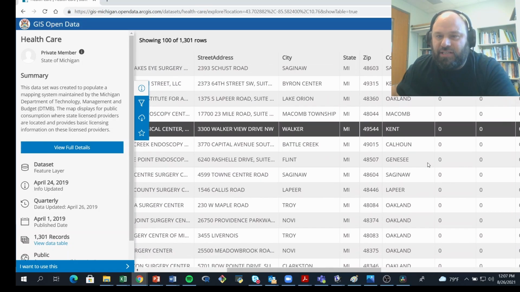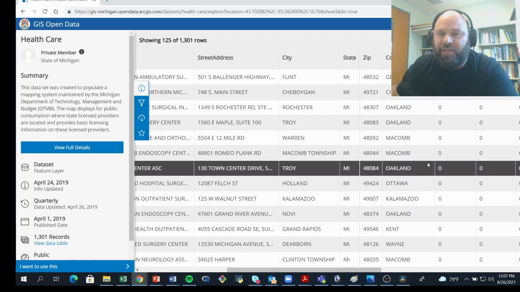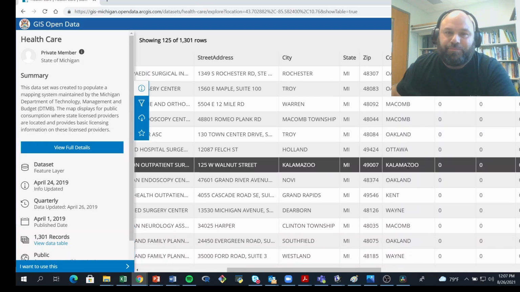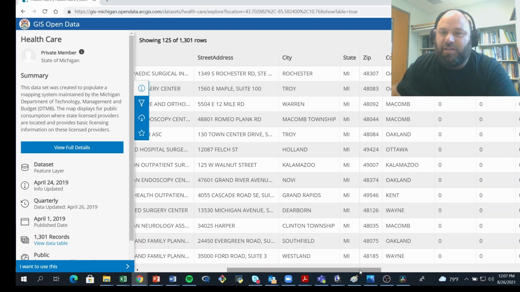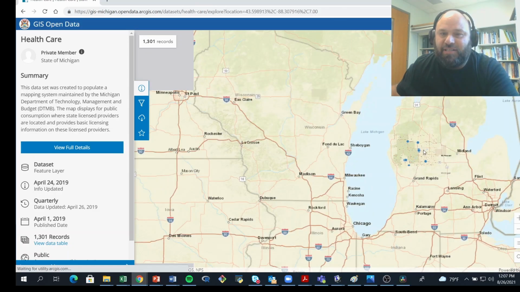Now, for some reason, this seems to be empty here. I think this is part of a larger database where these are non-zero. But you could use capacity as a way of looking at healthcare availability, and you could look at, for example, number of beds per person in a given zip code, which would be very useful in a pandemic, especially if you plotted them across the state.